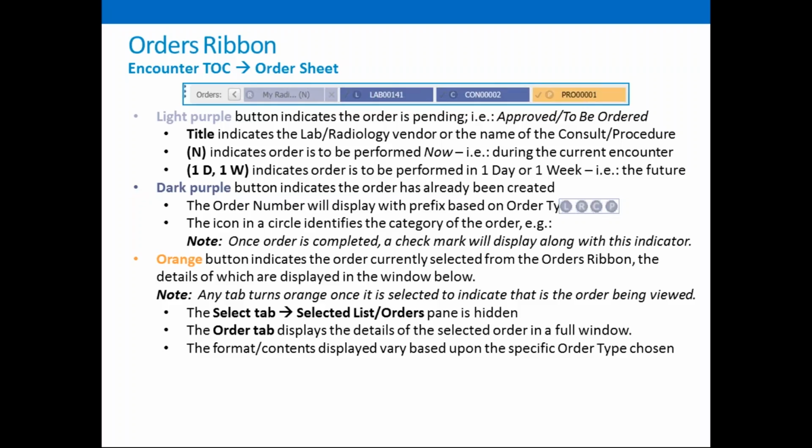So usually in your 2-person workflow, it's going to be all light purple up there when you as the MA or the nurse come in to complete it. And the single-person workflow, they're all going to be dark purple, and you're probably not going to come in here because it was all completed in one step. In either event, regardless of if it's light purple or dark purple, when you choose it, it turns orange. Orange allows you to modify it.